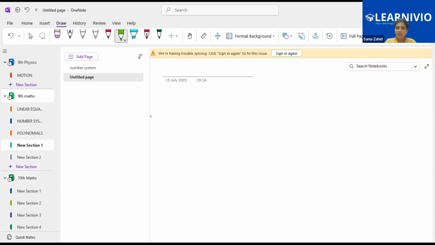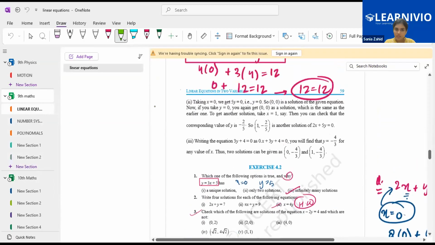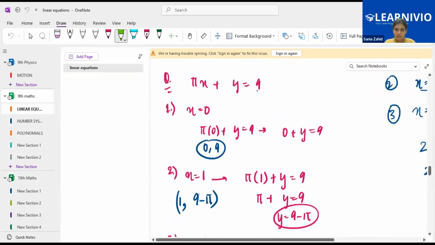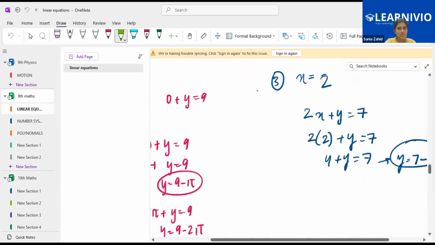Did we do coordinate geometry? No, ma'am. And linear equation, we need to complete second chapter and third chapter. Linear equations we have done, right, children? No, ma'am. We have only done number systems. Linear equations we didn't do. Whose linear equation is this?